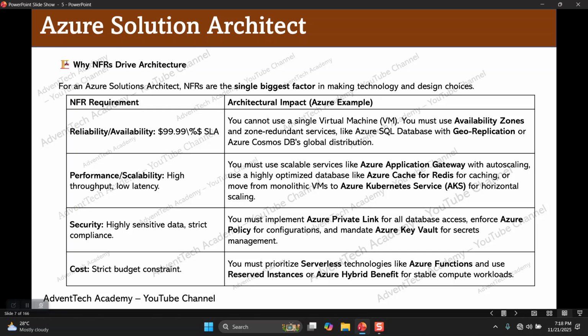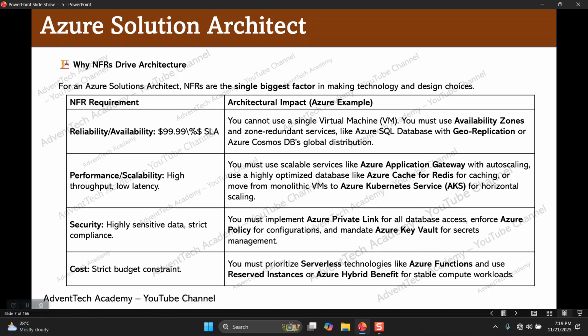So another NFR, non-functional requirement, is security. We need to make sure our cloud infrastructure is secure and compliant. So we need to implement Azure Private Link for all the database access and enforce Azure Policy for configuration to avoid deploying high-end VMs or unapproved apps.